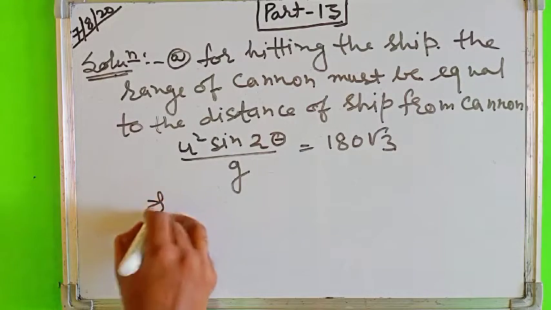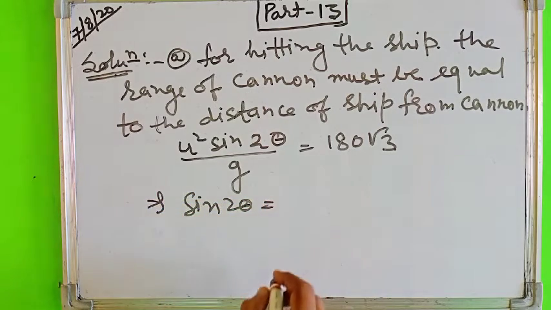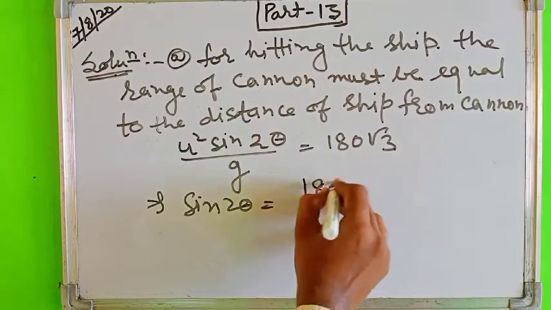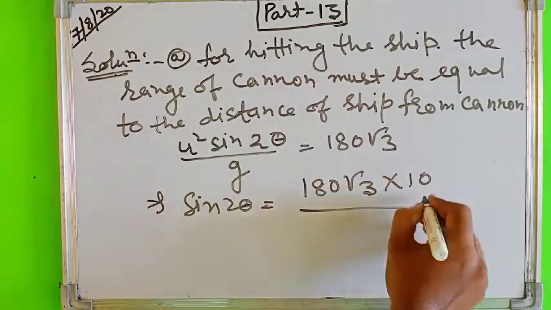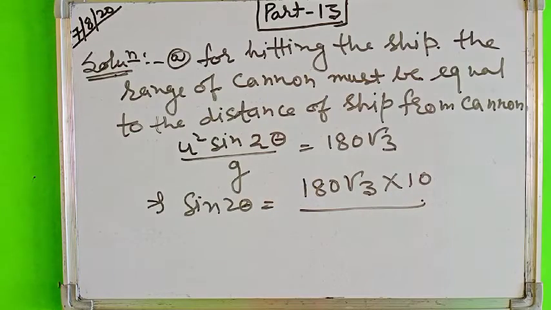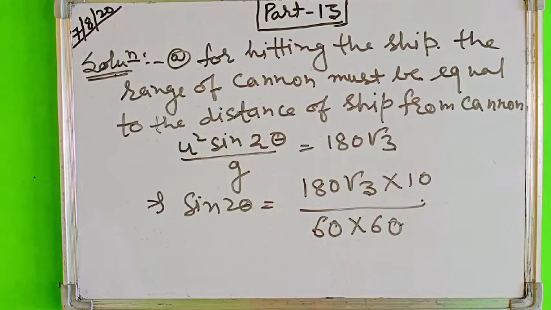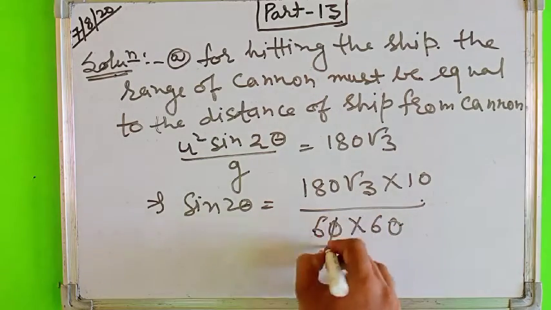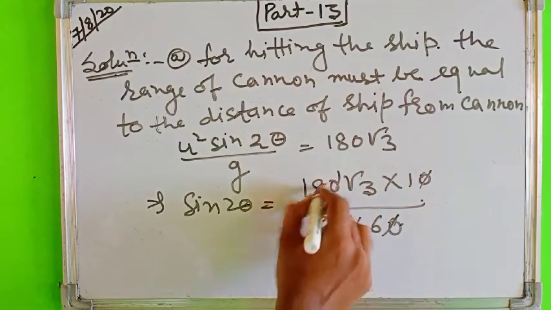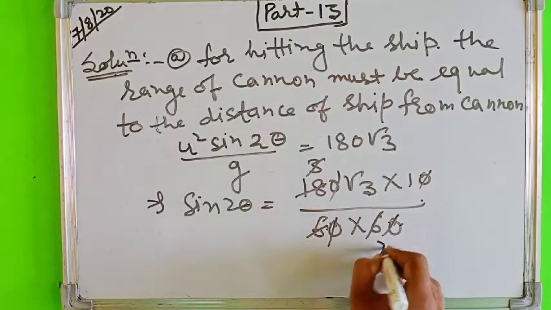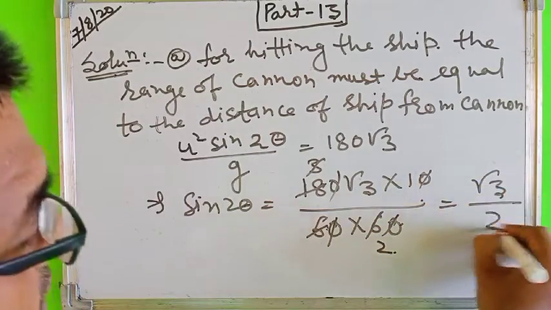From here we can calculate sine 2 theta is equal to 180√3 into 10 meter per second square, divided by the initial speed of the muzzle, 60 into 60. So now we will calculate: 6 3s are 18, 3 2s are 6. It is equal to √3 by 2.